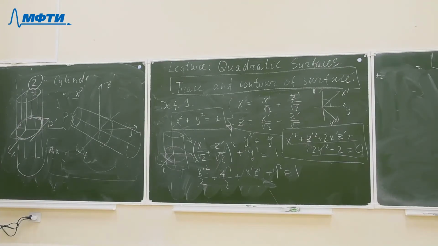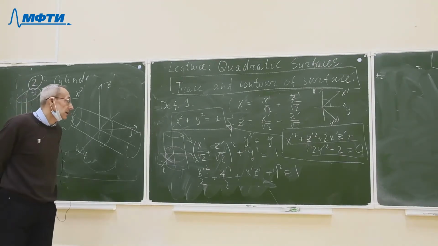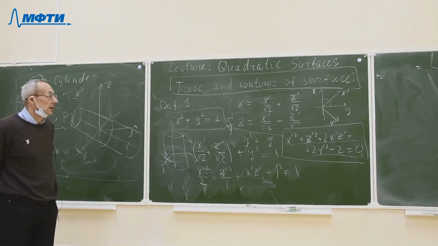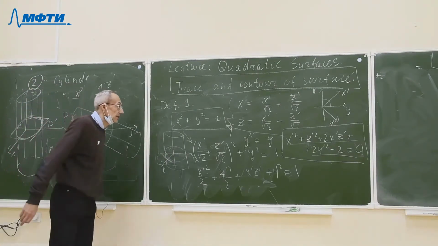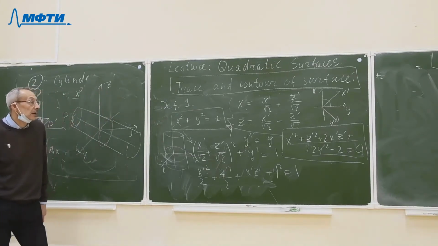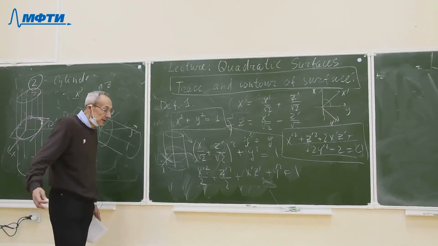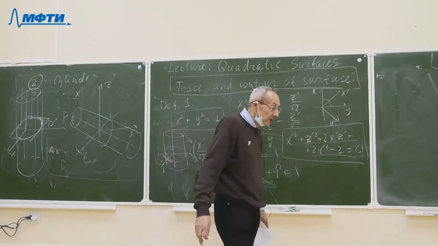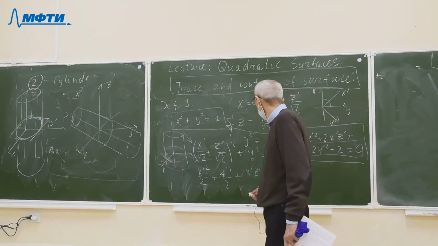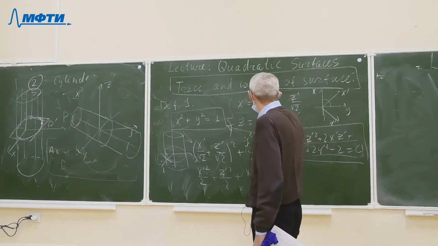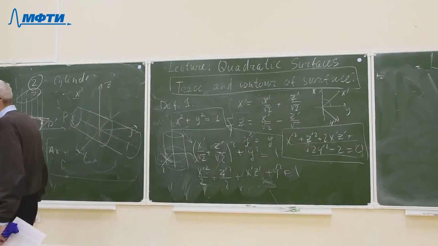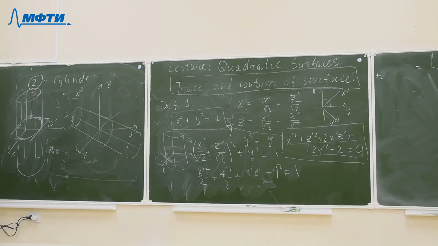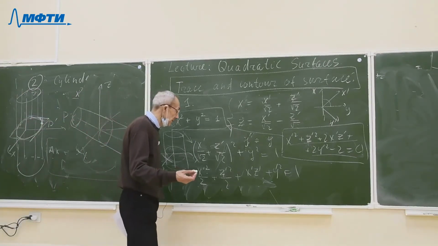We have some sufficient condition for the equation to define a cylinder, but this problem is to kill some coordinate. The idea of this expression is the following.